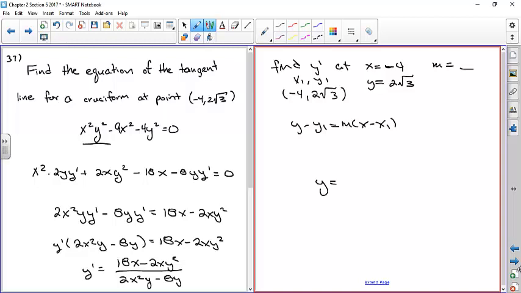I'm not sure how it simplifies, but if you want, just use your calculator and come up with a decimal answer for the slope. It won't make you have to simplify. And hopefully you get a negative number, because that's what it looked like it was supposed to be, a negative slope.